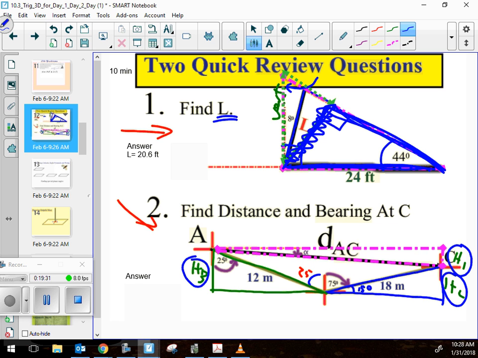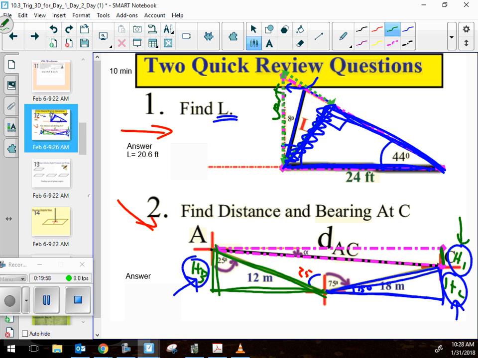H2 we would know because it's part of this triangle here, and in this triangle we have a side and an angle, so we can know that one. This one we would also be able to know because it's part of this green triangle here where we have one side and one angle. And so then you would just take the H3 and subtract the H2, and that's how you could get the H1.